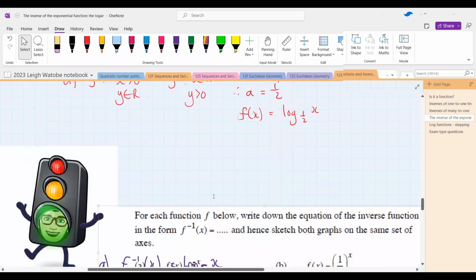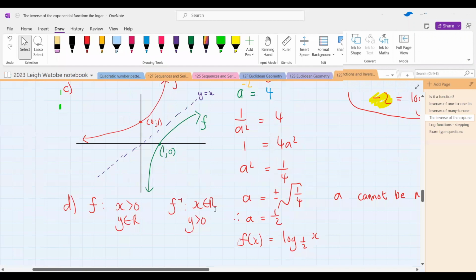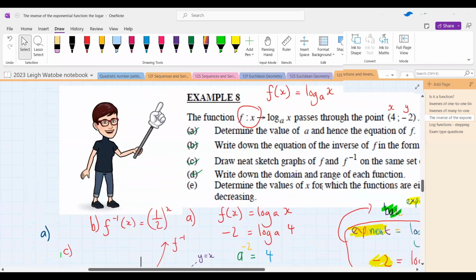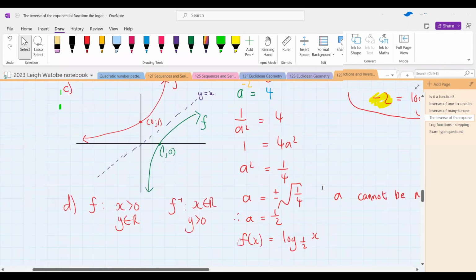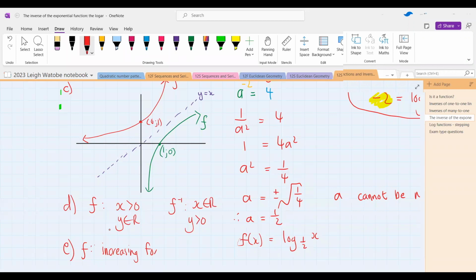So for our original function, which is f, it's going to be increasing where x is greater than 0.